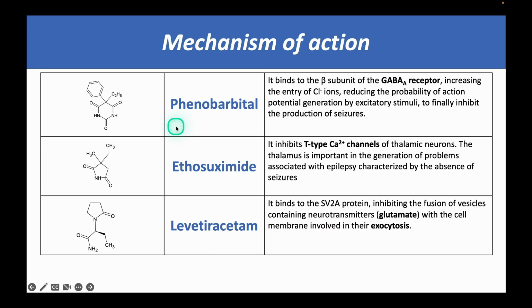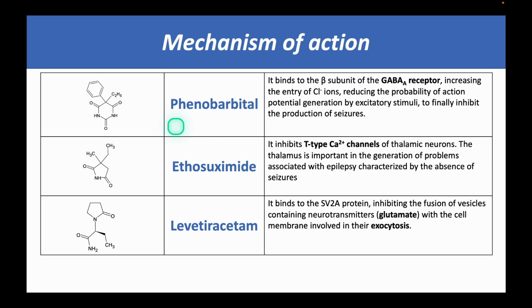The 3 drugs are used as antiepileptics, and although their mechanisms of action are different, it can be said that the common strategy is to reduce the excess neuronal electrical activity that triggers seizures, which can be achieved by various mechanisms.